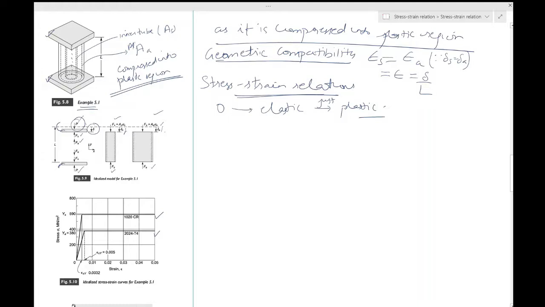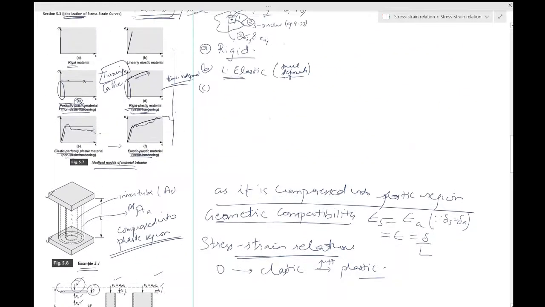And you might question, how have I found out this 590, which is the yield strength of steel, and 380 MN per meter square for the aluminum. Okay, so the way to see this is again either from a table somewhere or this diagram itself. So let's look at 1020 CR.